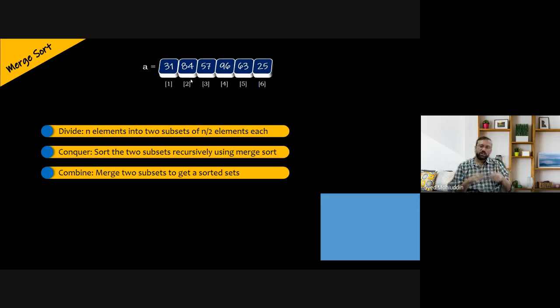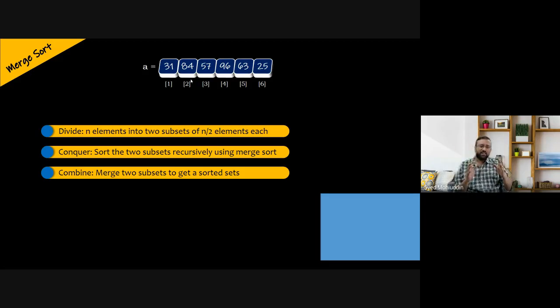So merge sort can be applied again on those 2 subsets, which means we are doing it recursively. So the conquer approach here is to sort the two subsets recursively using merge sort. Now, till when should we call merge sort recursively?